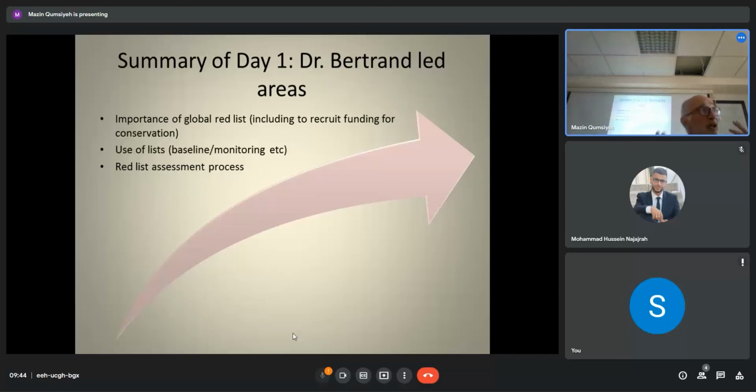And it is important to really understand the difference of handmade or national or regional red list and the official global red list.